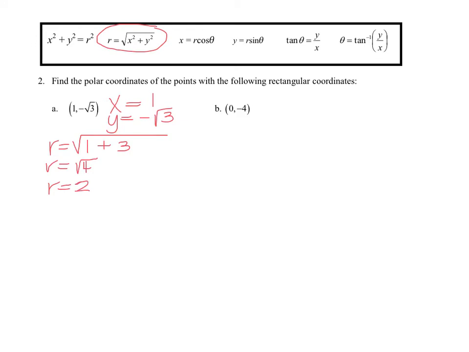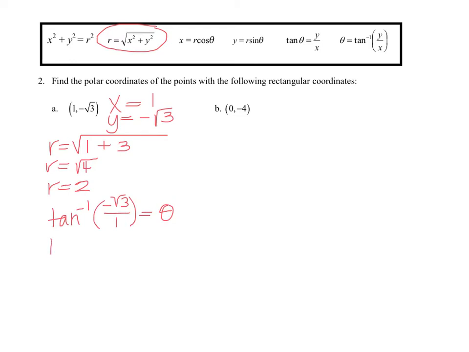Okay, so I know r is 2. The next thing I want to find is theta. Theta is my angle. So I get that the inverse tangent of y over x, so minus root 3 over 1, is equal to theta. Okay, so I do y over x.